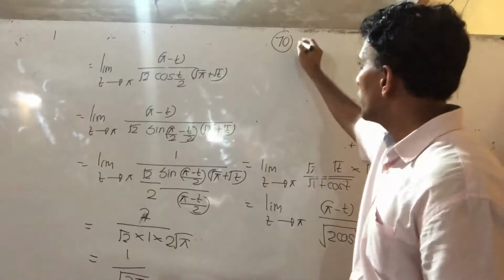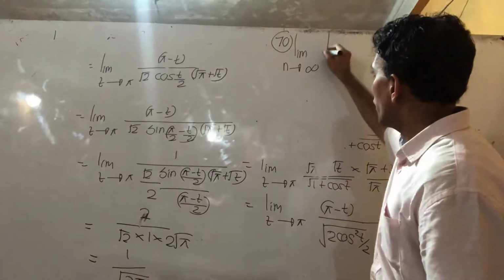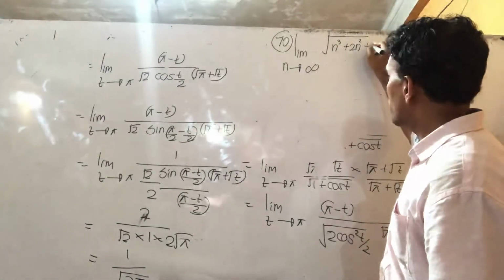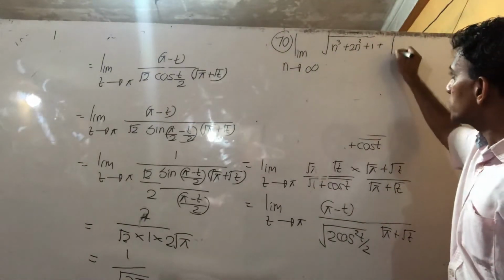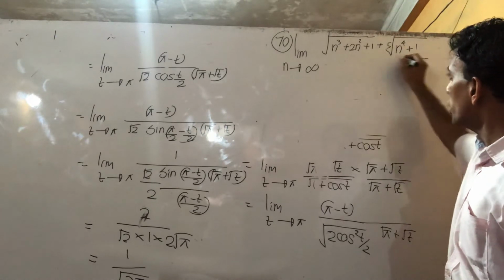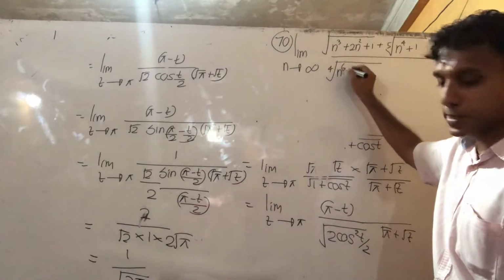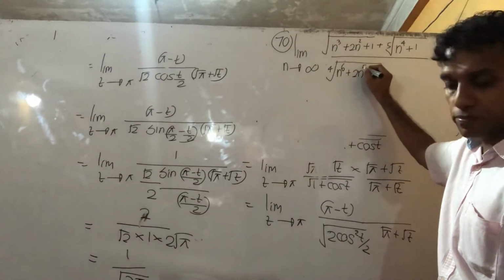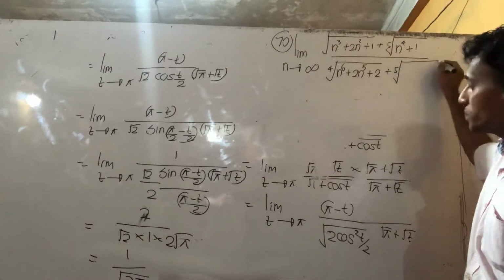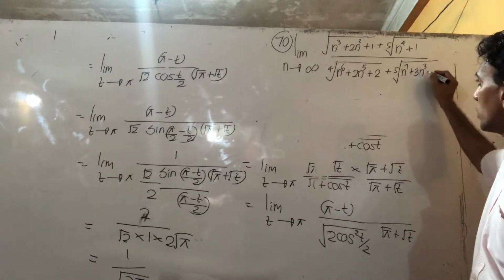My 70th question. Limit n approaches infinity of square root n cube plus 2n square plus 1, plus fifth root n to the power 4 plus 1, over fourth root, power 6, 2 and power 5 plus 2, and the useful question, fifth root n power 7 plus 3n cube plus 1.